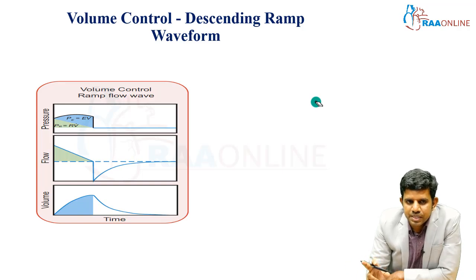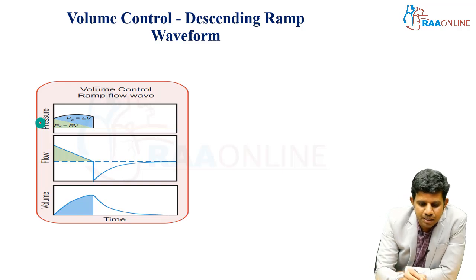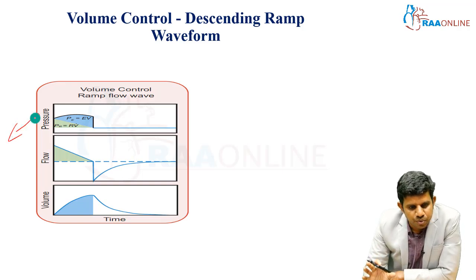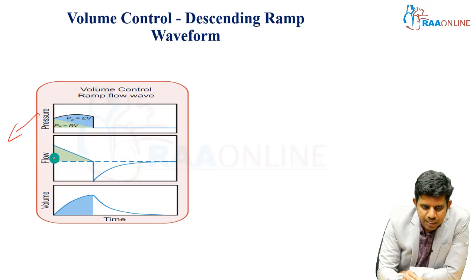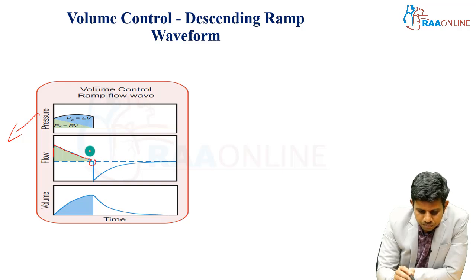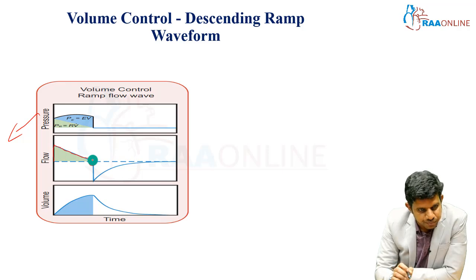So if you want to know the patient's resistance and compliance changes from the ventilatory waveform, you have to look at the pressure time scalar. In the volume control mode with the descending ramp, the initial flow will be the peak inspiratory flow that you set on the ventilator. Next, the flow will decrease and reach 0 at the end of inspiration. In some ventilators we can directly set a flow in volume control mode.